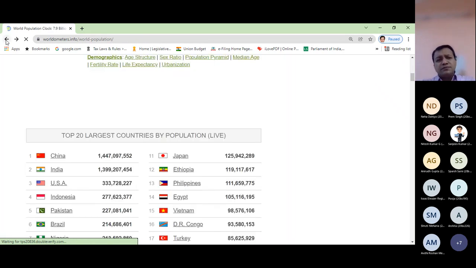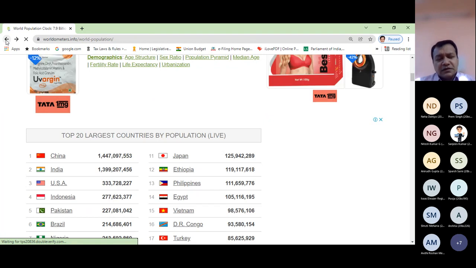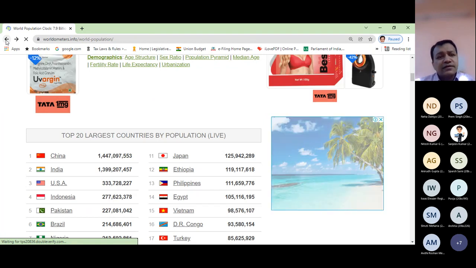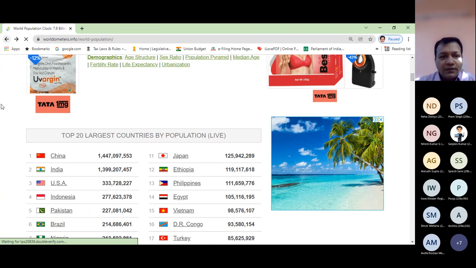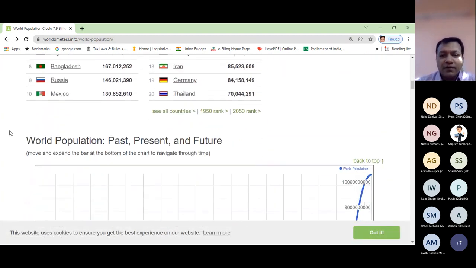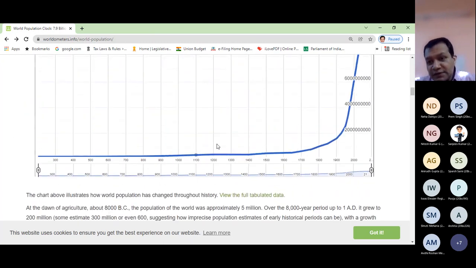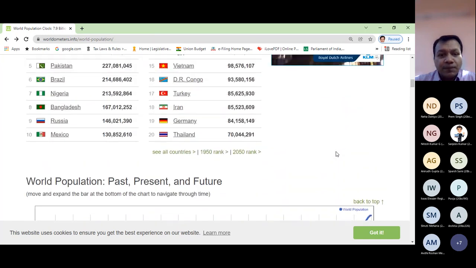Charts or graphs have more retention capacity in our mind than only the language. So in this website, Worldometer, you can check this growth. Now you see how rapidly it grew after 1900. Of course, one benefit was because of improved medical care, that was also the reason. But now the growth is very rapid.